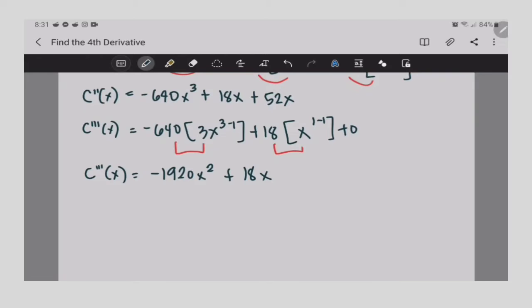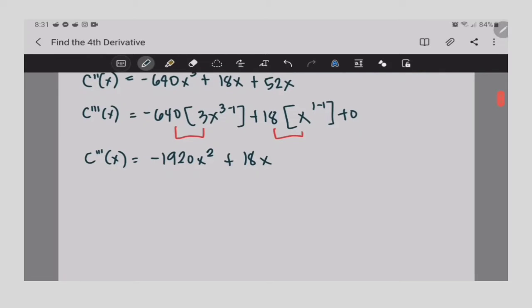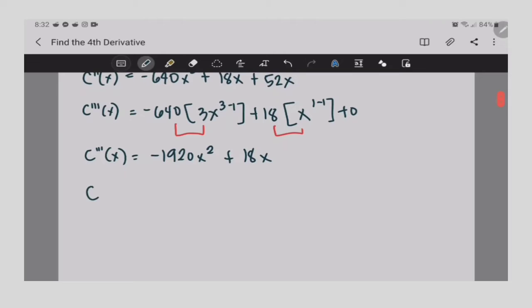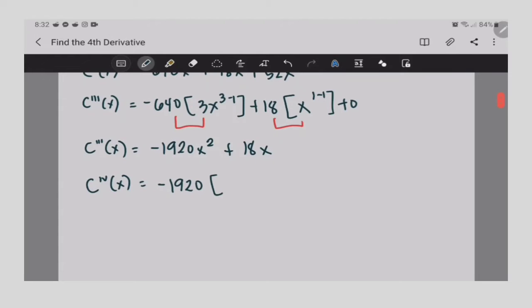So here we go. So now we are on our fourth derivation, which is our goal for this problem. So the fourth derivation of c of x is equal to negative 1920 times the quantity of 2x raised to the power of 2 minus 1 plus 0.